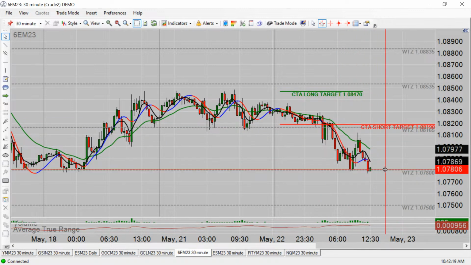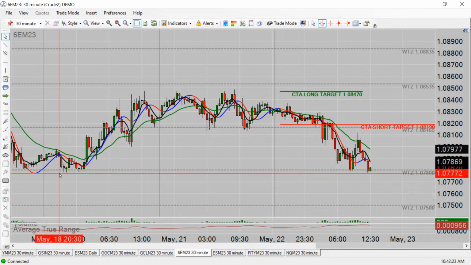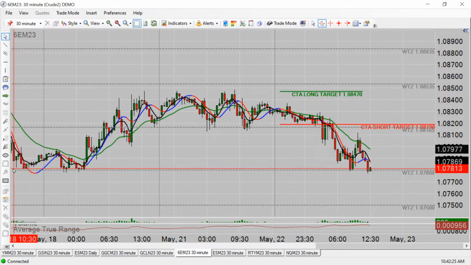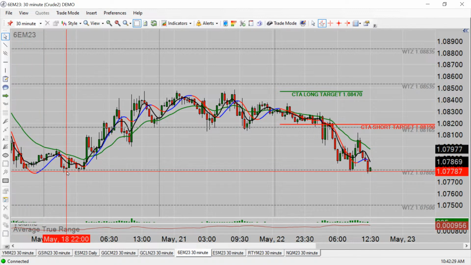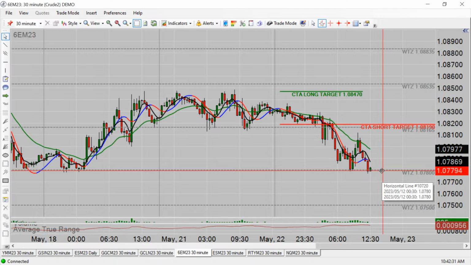And so now we're sitting on top of support at the zone, which takes us back to support established last Thursday and Friday. Here it is Tuesday. Once the market establishes important support or resistance, it will remain support or resistance until broken.